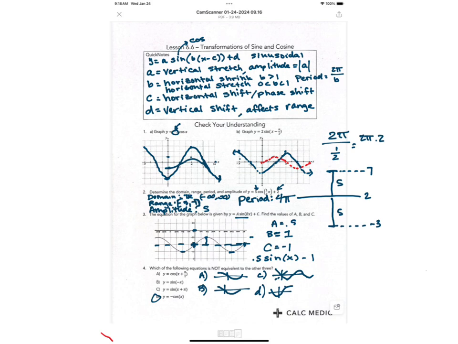If I shifted forward or backwards, it's going to be the same. I'm taking this point and moving it. Sine is supposed to look like this. I'm going to move that to here. So I would say D is your right answer here.